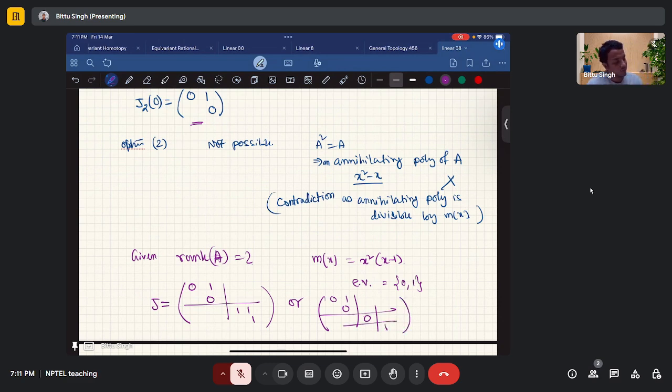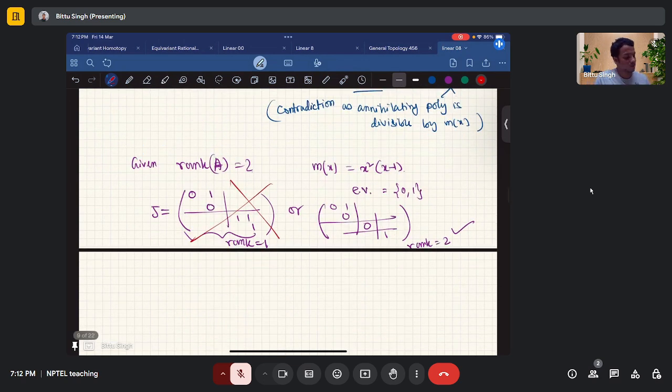But if this is the case, then the rank of this Jordan form is not 2, right? We can see that there are 3 linearly independent columns. So rank of this J is actually 1 here, and here rank is actually 2. So this is true, but the other is not possible, right?